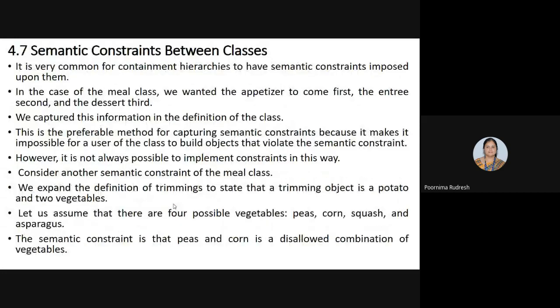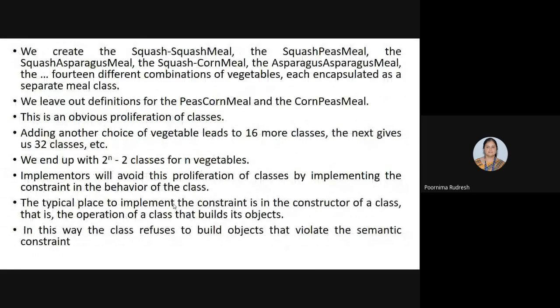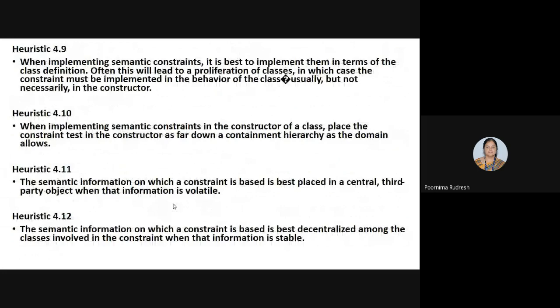So this is about the semantic constraints between the classes. We'll see the 4 heuristics for semantic constraints between the classes. Heuristic 4.9 says that when implementing semantic constraints, it is best to implement them in terms of class definition.